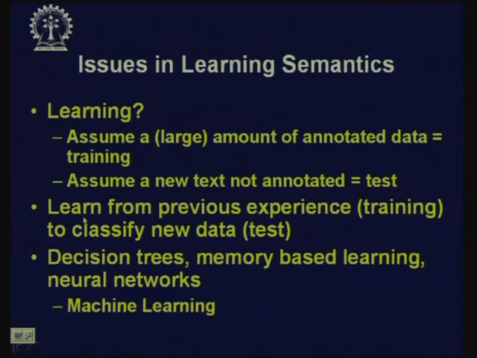So, our approach is learn from the previous experience, that is a training, to classify the new data. The test data will be annotated automatically based on whatever our system has learned from the corpus of already annotated data. All right. So, there are different algorithms for that, like decision trees, memory based learning, neural networks, some of which have been covered in this course when machine learning was being discussed.